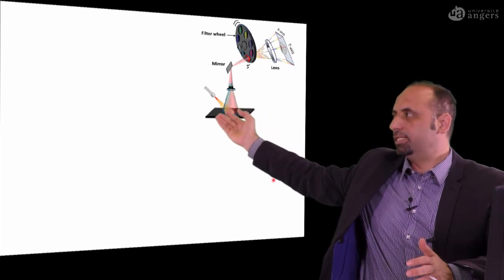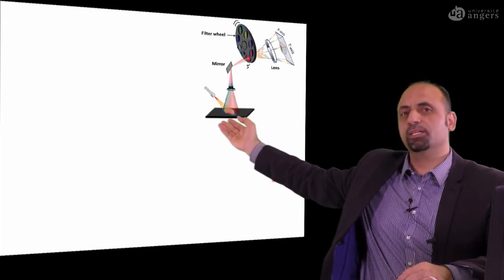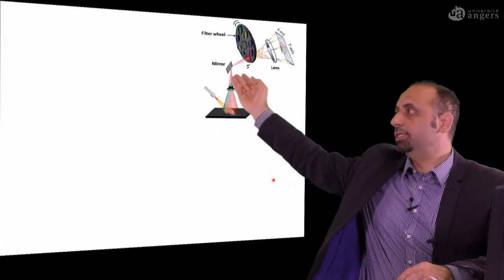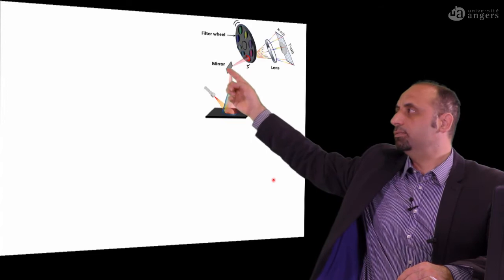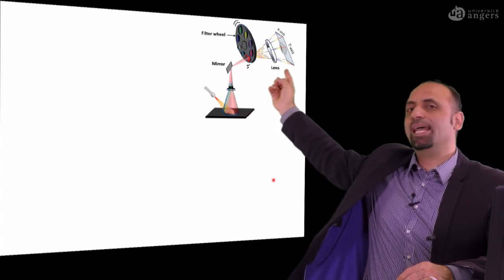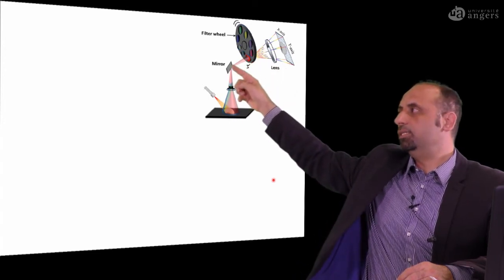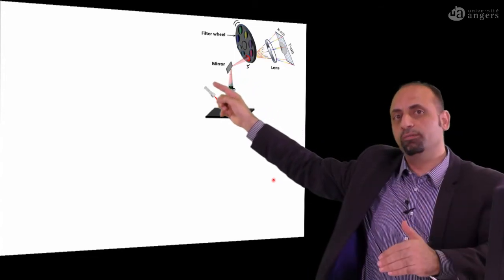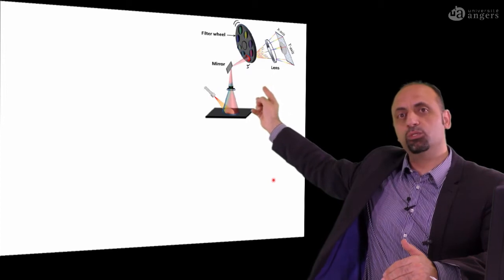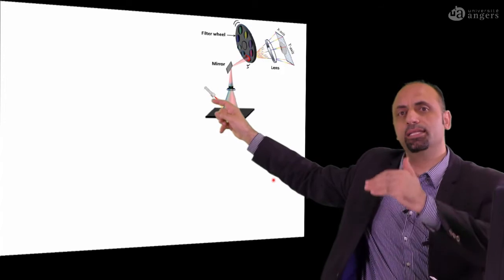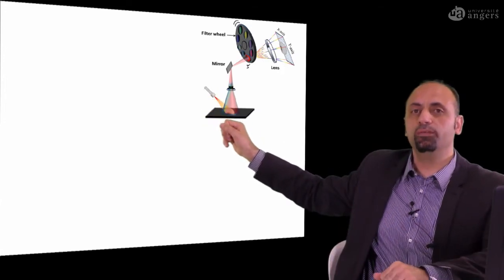So the scenario of acquiring one multispectral image using this method is to rotate this filter wheel, and at each single filter the signal reaches the camera, and then we have a 2D image. Then rotate the filter wheel to a new filter, a new wavelength, and acquire another 2D image. Rotate the filter again, you have a 2D image at a new wavelength, and so on.